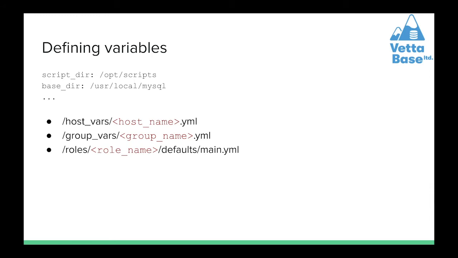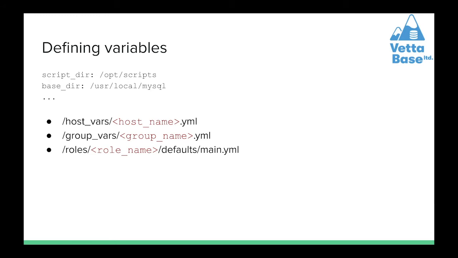Then we have group vars, and those are, of course, variables that apply to a certain group. And then we have role defaults. Okay, so if a variable is not defined for a group or for a host, the default written here in the role will be applied.